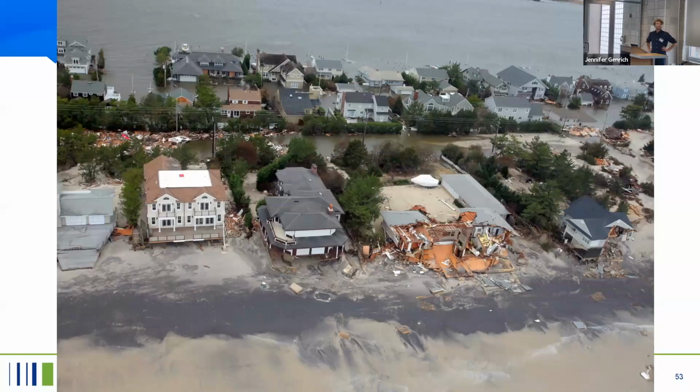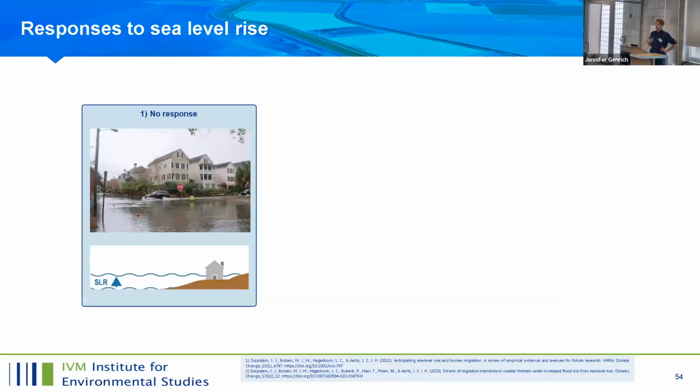Global sea levels are rising, which increases flood hazard for exposed coastal populations. So for example, we will see flooding such as this one in Long Island more frequently and more severely in the coming decades. For communities experiencing these changes in their environment, we can distinguish broadly between three types of responses. They may not respond at all, meaning they will experience more flooding and more damage.